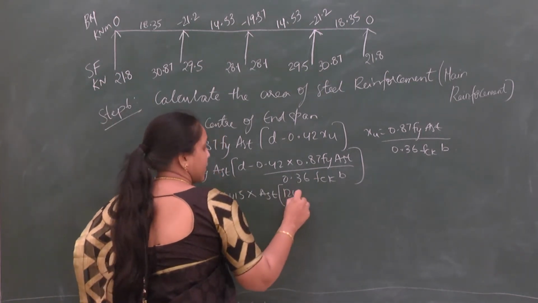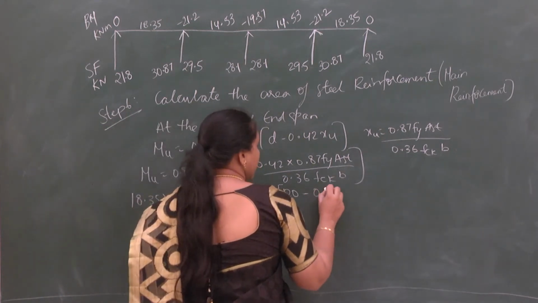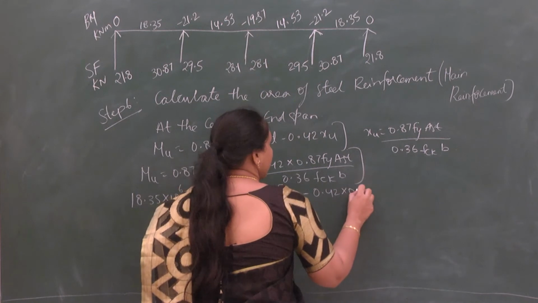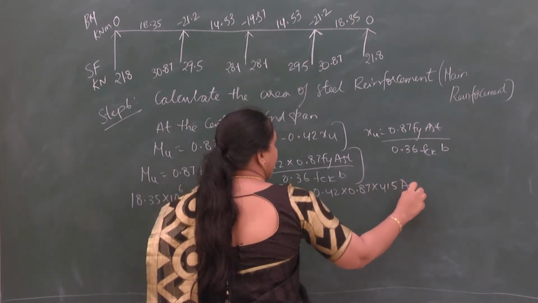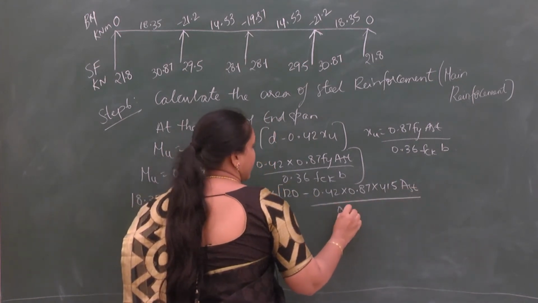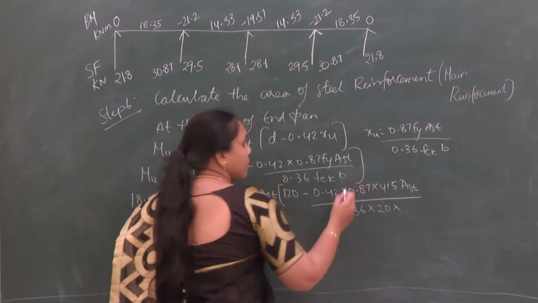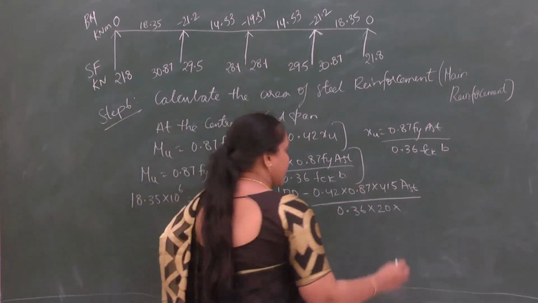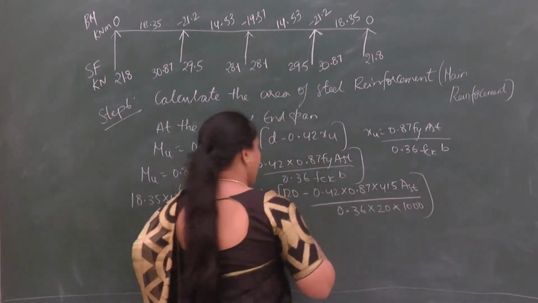which is 415, into AST, which is what we have to calculate now, into D, the effective depth, which is 120 mm, minus 0.42 into 0.87 into 415, the grade of steel, into AST, divided by 0.36 into FCK, which is 20, into B. Here we are considering 1 meter, so into 1000 mm.